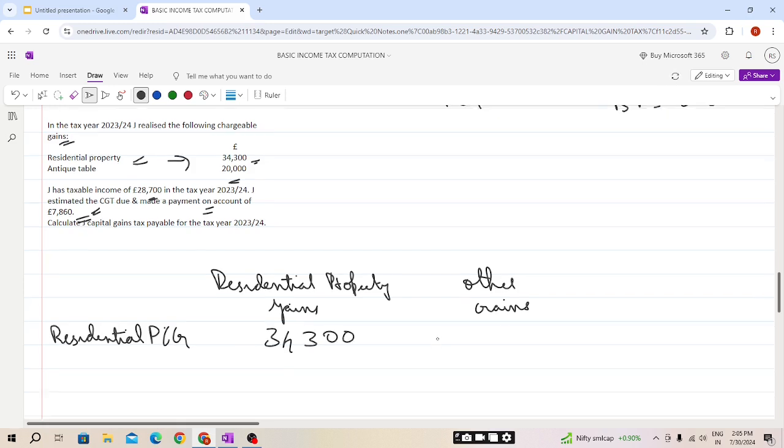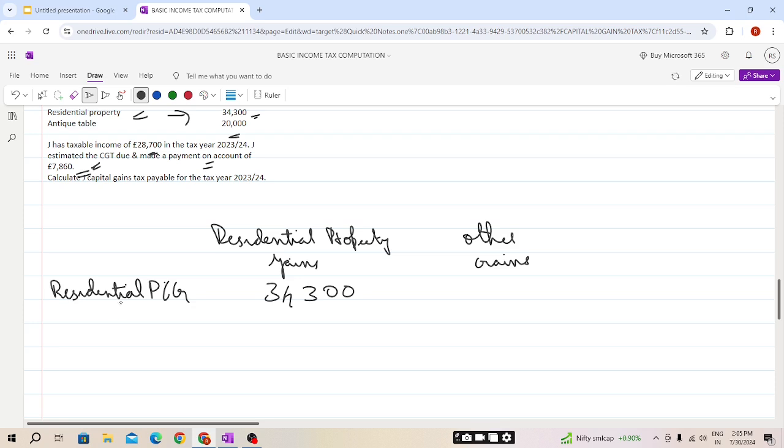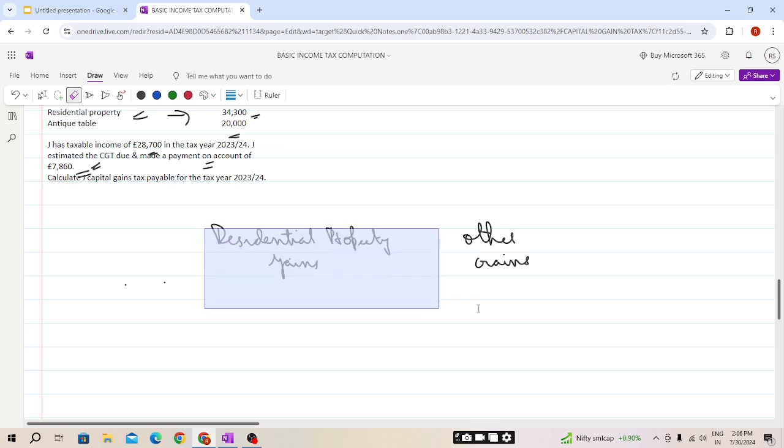See, students, we are following the same format, the chargeable gains. Please do remember, students, the format is totally different.